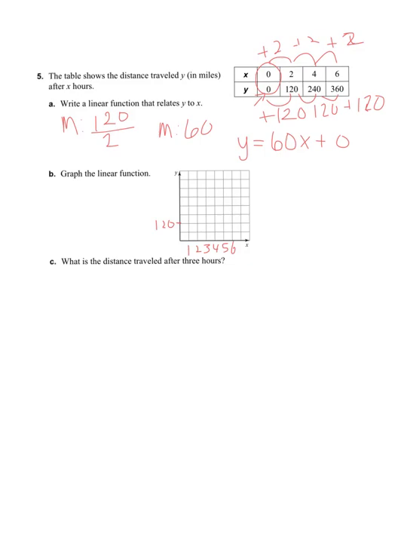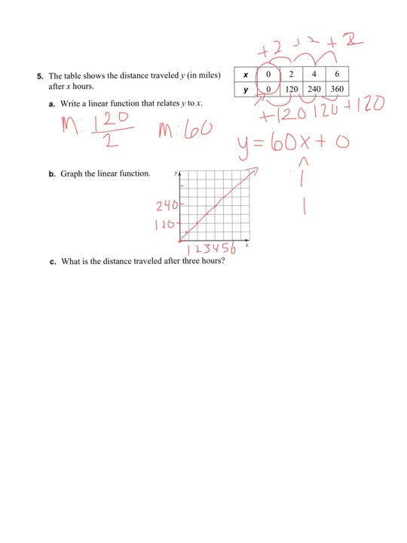And then plus another 60 would be 240. $120, $240. Okay, so now it says graph the linear equation. If it was 0, it would be 0, 0. If we plugged in 1, we would have 60. 2 times 60 would be 120.